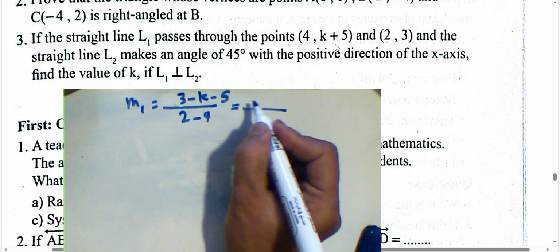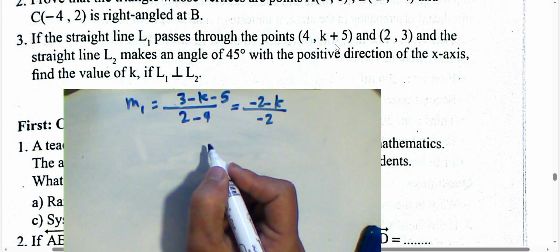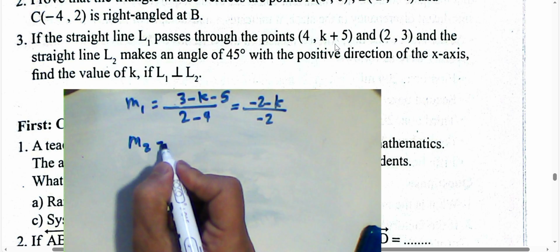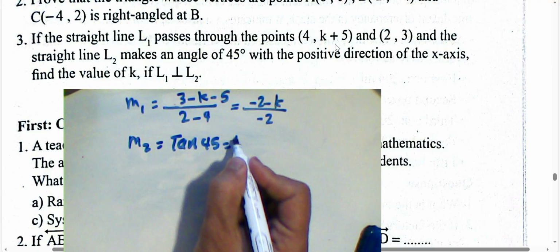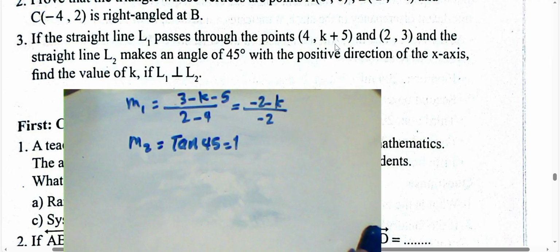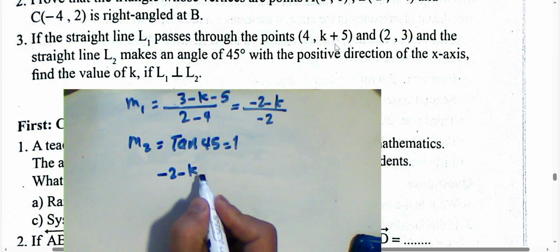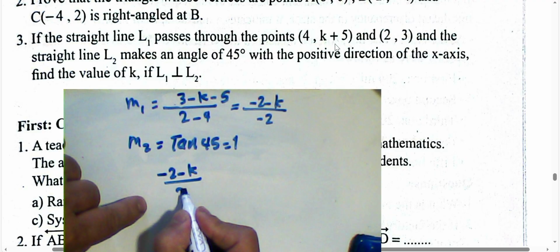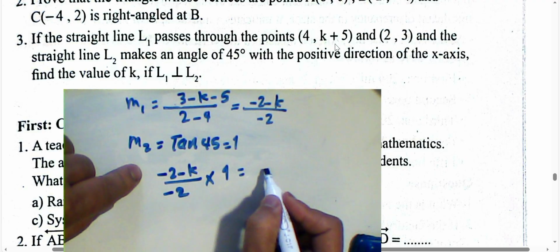3 minus 5 is negative 2. Negative 2 minus k over 2 minus 4 is negative 2. And slope 2 will be tan 45. Tan 45 equals 1. Then slope 1 times slope 2 equals negative 1. We have negative 2 minus k over negative 2 times slope 2. The result will be negative 1.